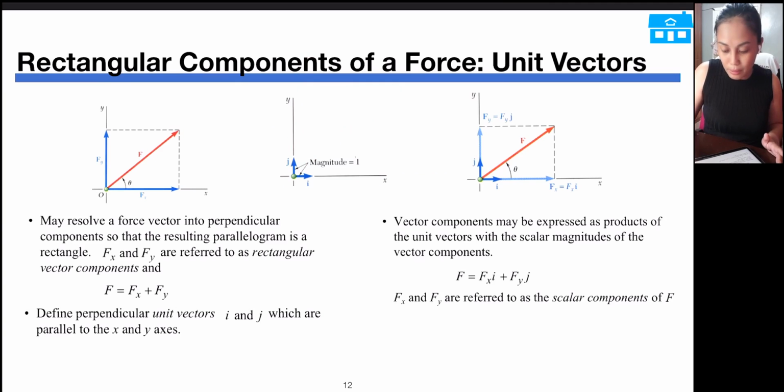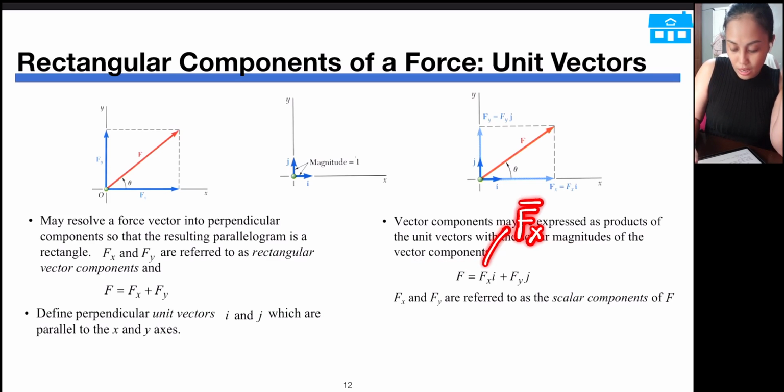Vector components may be expressed as products of the unit vectors with scalar magnitudes of the vector components. So this is the rectangular component along x.